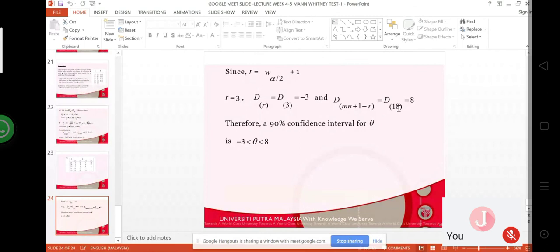So you get the 18th order of the difference. So the 95% confidence interval for the difference M1 minus M2 will be between negative 3 and 8. Okay, is that clear?